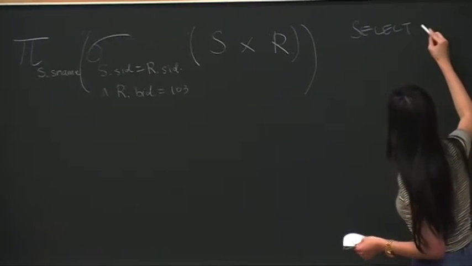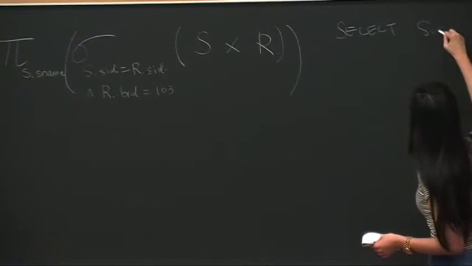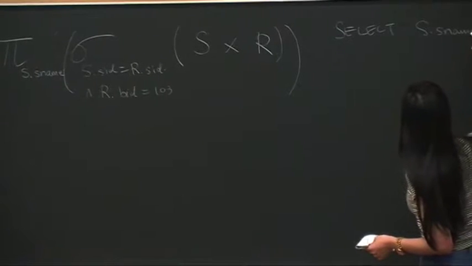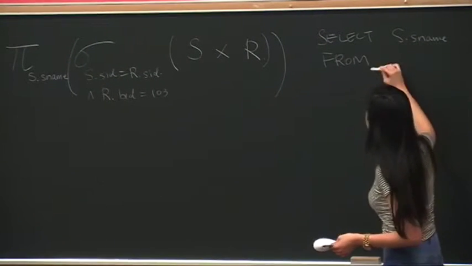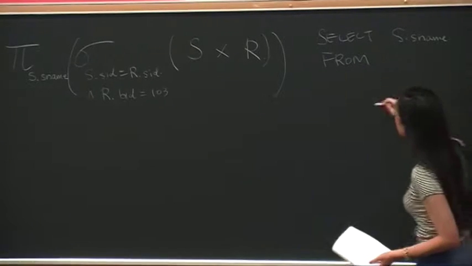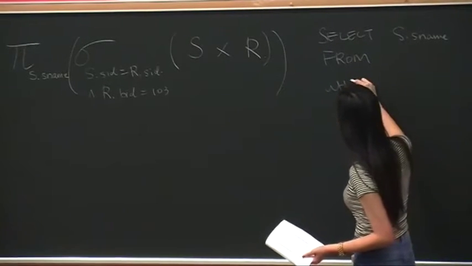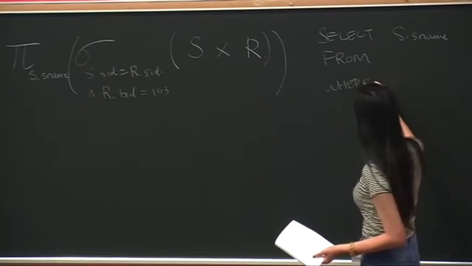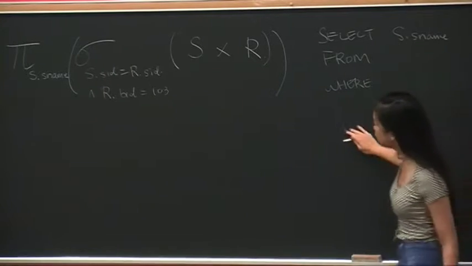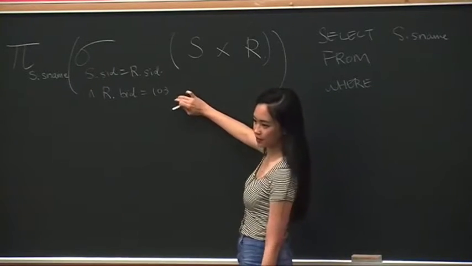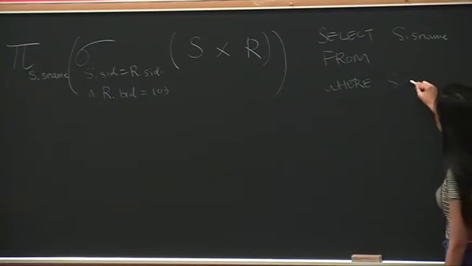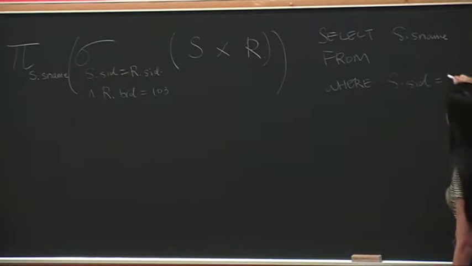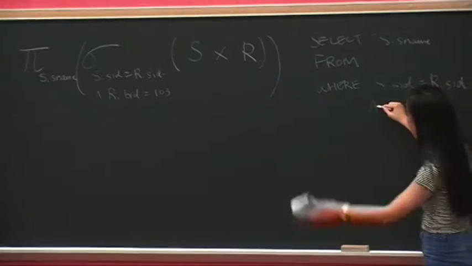So we were doing select the S name from sailors as S, reserves as R, where we have these two actually. Okay, that's what we did. We just say SID equal to RSID. Because it's in SQL, instead of using that, we say and.